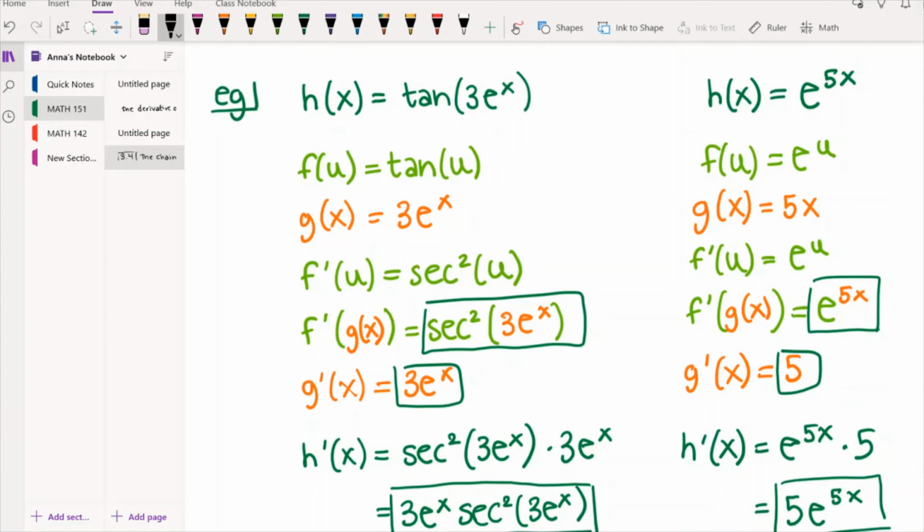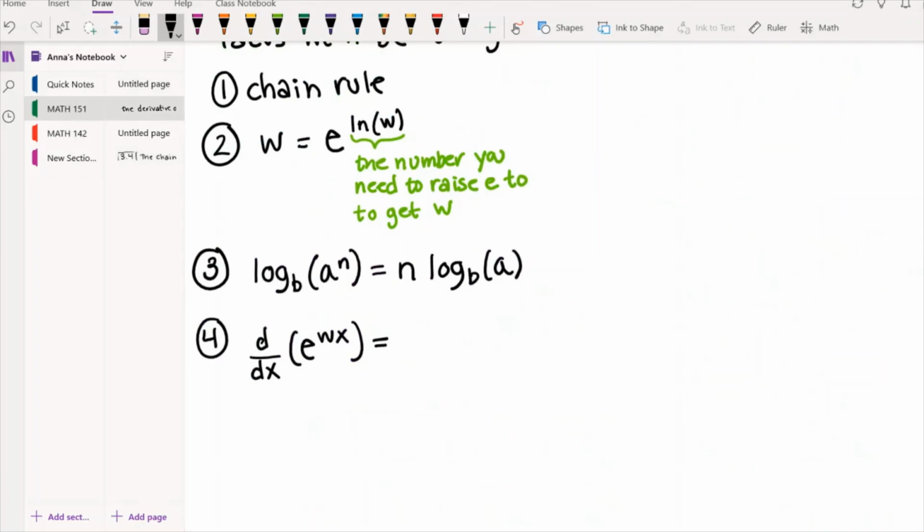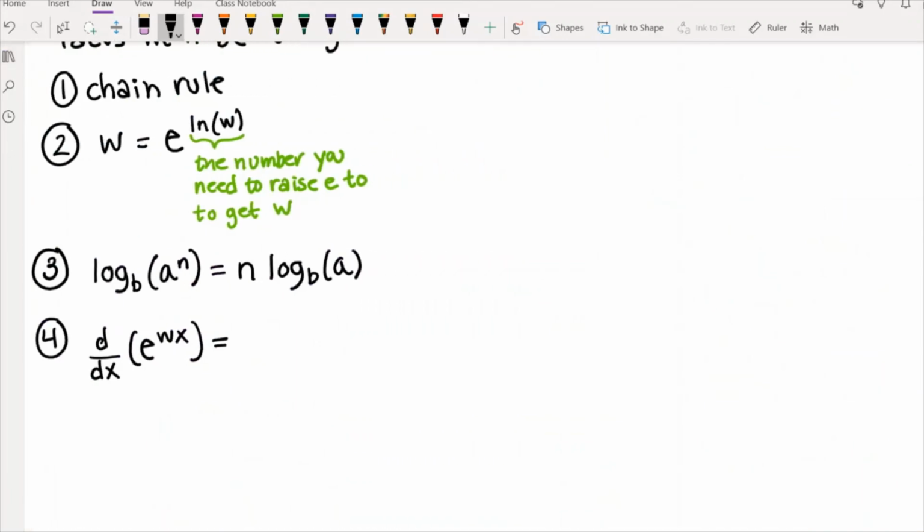So basically if you have e to just a number times x, you're going to get e to the x, and then you'll have to multiply that with whatever that constant is, because that's the derivative of 5x. So in general, the derivative of e to the wx, if w is a constant, maybe let's call it c, because there's another w floating around, is just going to be equal to ce to the cx.